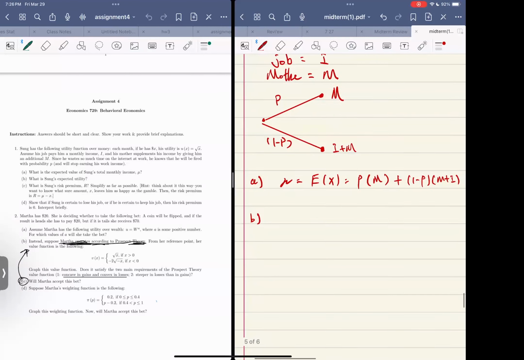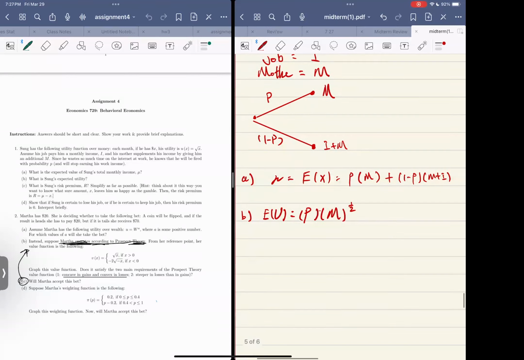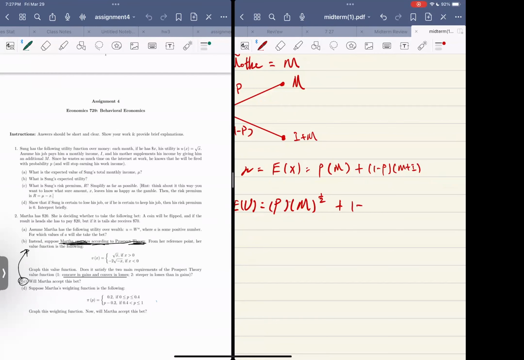The expected utility of U equals the probability of getting fired times the utility of that outcome. So that would be P times M to the 1/2, plus 1 minus P times M plus I to the 1/2.